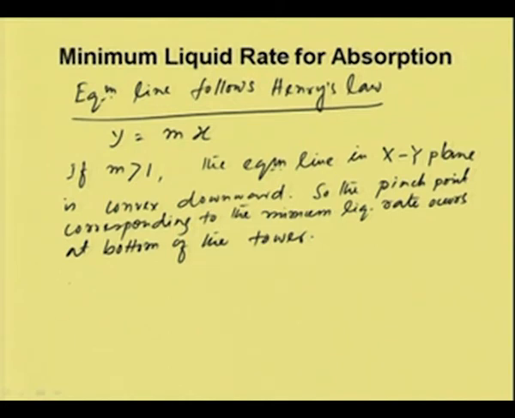And if m is less than 1, then the equilibrium curve is convex upward.